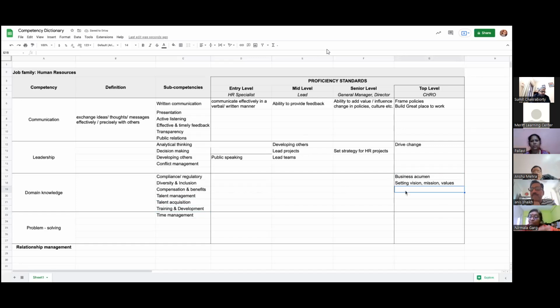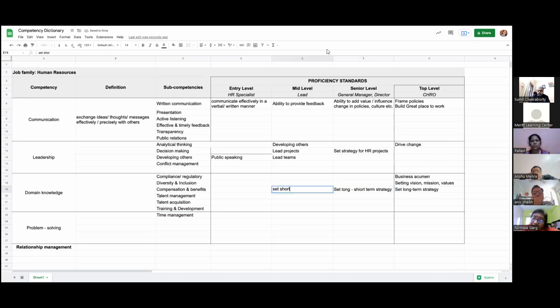How are you doing networking and managing external stakeholders? Because as an HR head, you will have a lot to do with external stakeholders, regulatory and all that you have to manage. PF commissioner, there is something you have to go and manage. So think about what you're doing in the role and put at least 4 or 5 things there.